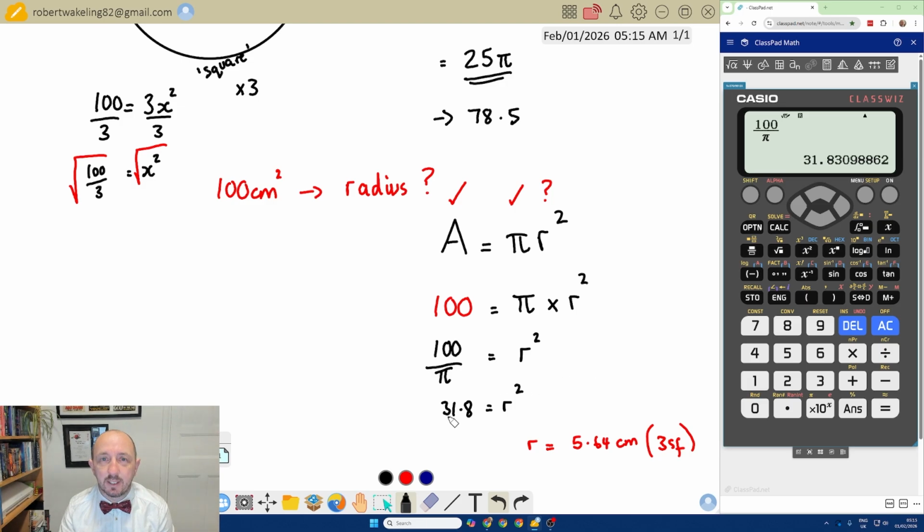And then we're going to take the square root. I'm going to use the full version. I don't want to use 31.8. So square root the last answer. That's what that button's for. So it remembered ANS is 31.8. I could take the square root of the last answer, and there's my 5.64. So I can leave that here because I know that my working out matches the calculator answer, and I can walk away from this knowing that I've got those 2 or 3 marks in the bag.